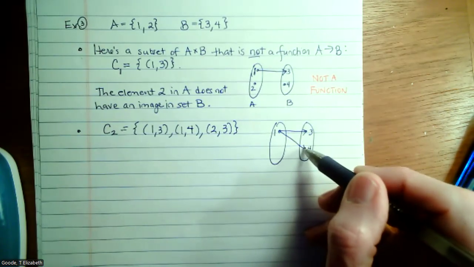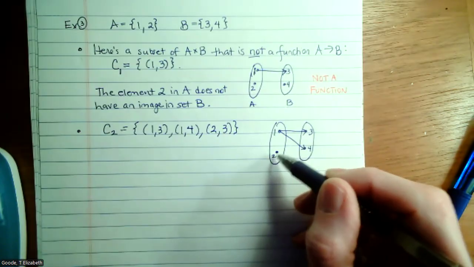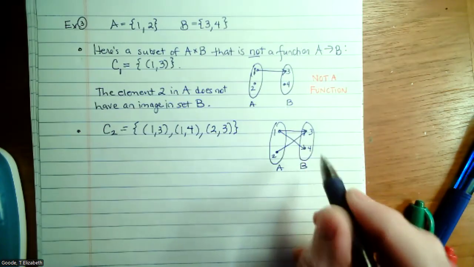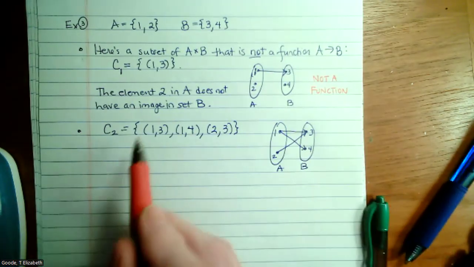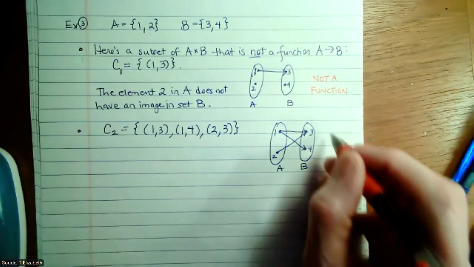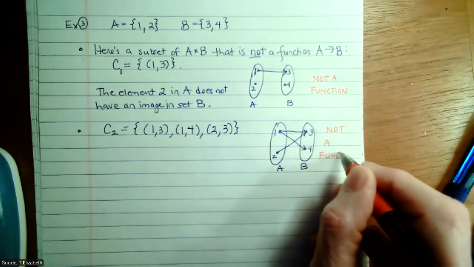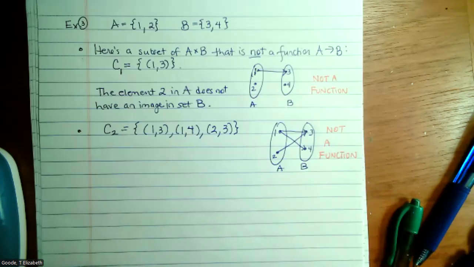It's actually got 2 images though. 2 has an image. And it's not a function because 1 has 2 different images. So these are the 2 fundamental ways that a subset of A cross B can fail to be a function.